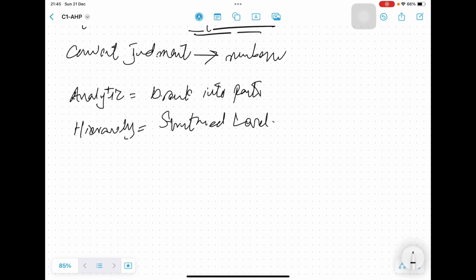So analytic means we break complex decisions into smaller, simpler parts, while hierarchy means we organize the decisions into levels, like a tree.